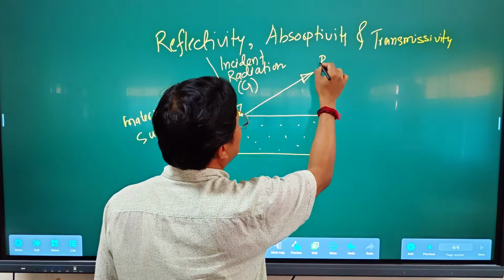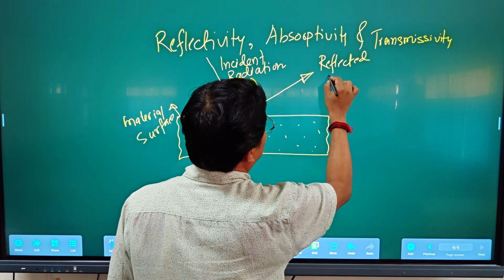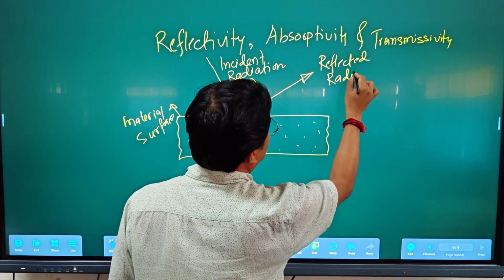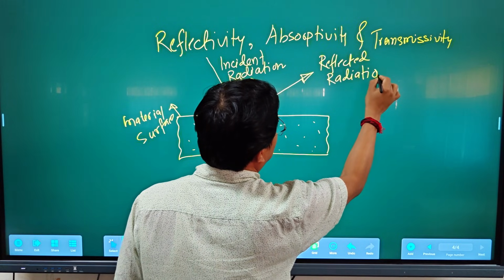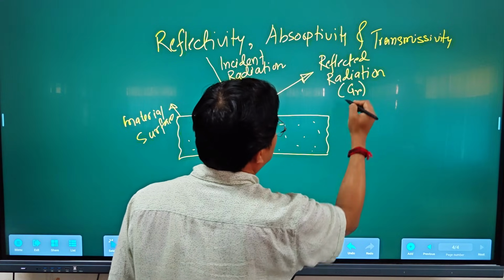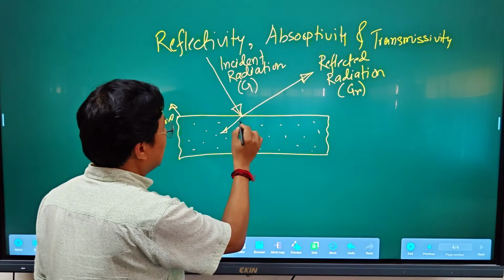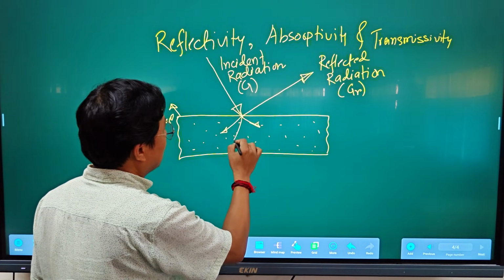This is the reflected radiation, which is denoted by GR, and another portion will be absorbed by the body.